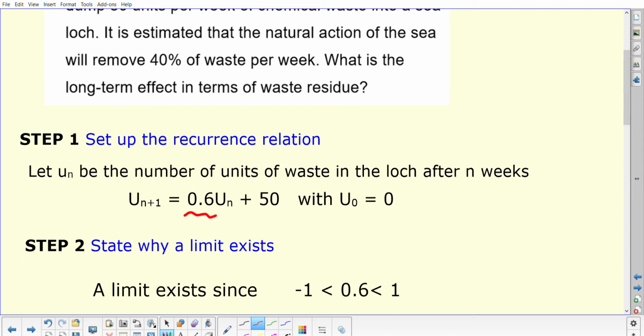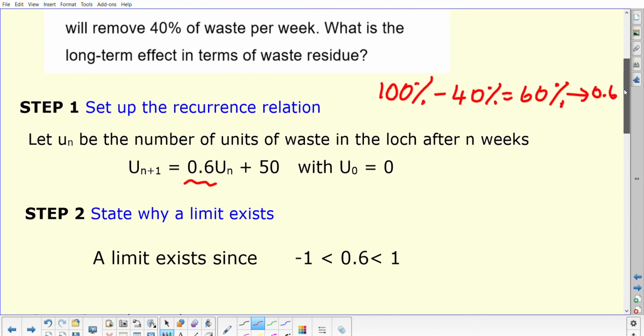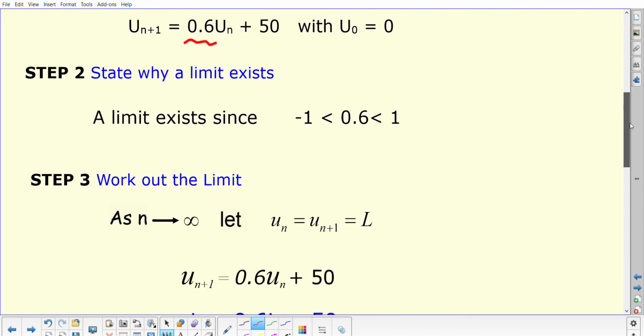So if you've got 100% minus 40%, that's where your 60% will be left. That's why 0.6 is your multiplier. So 0.6 times UN, and then it's dumping another 50. So at the end of 1 week, you've got 60% from the previous week, plus you've got a new amount of 50.